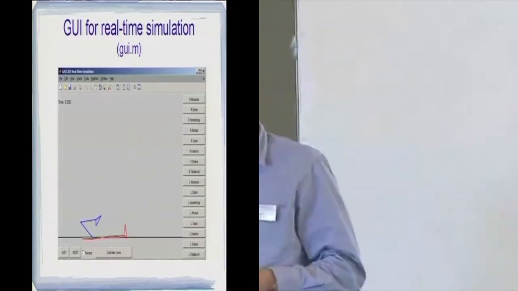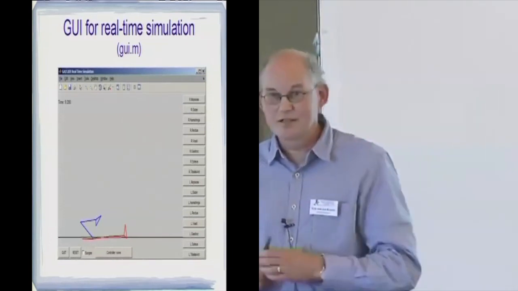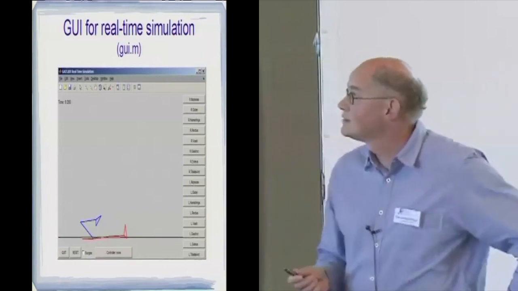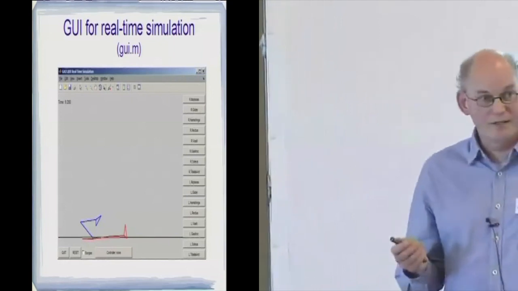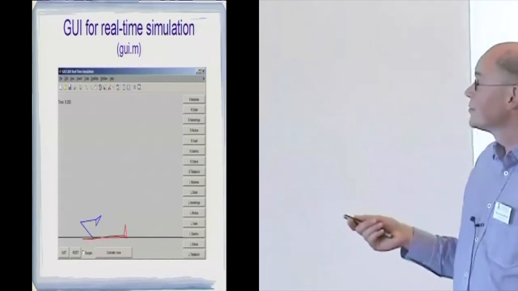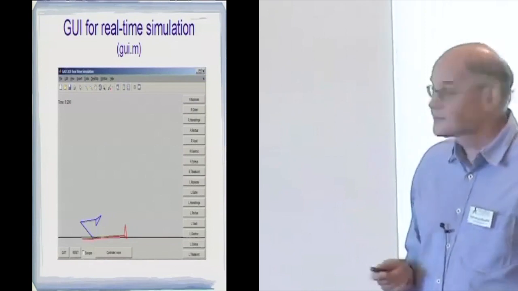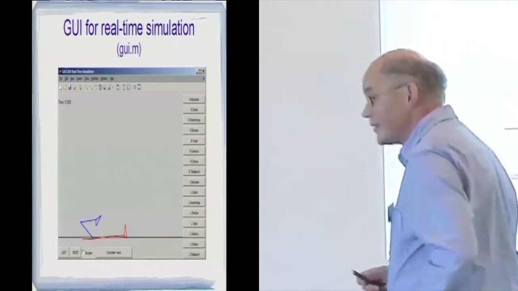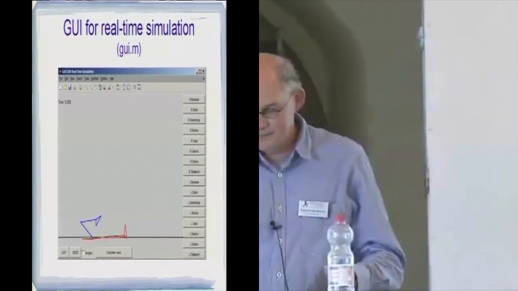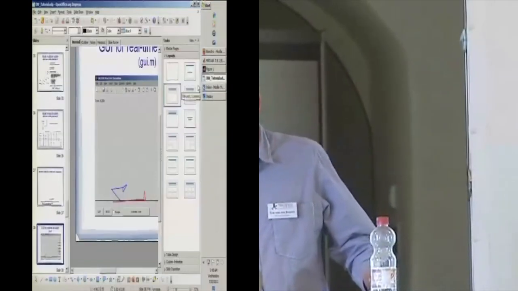Okay, I suggest that everybody starts the GUI, and this is a GUI that runs a real-time simulation of this model, and you can control it interactively. So just type the word GUI in MATLAB. What will happen is this thing will fall down because it's not controlled.